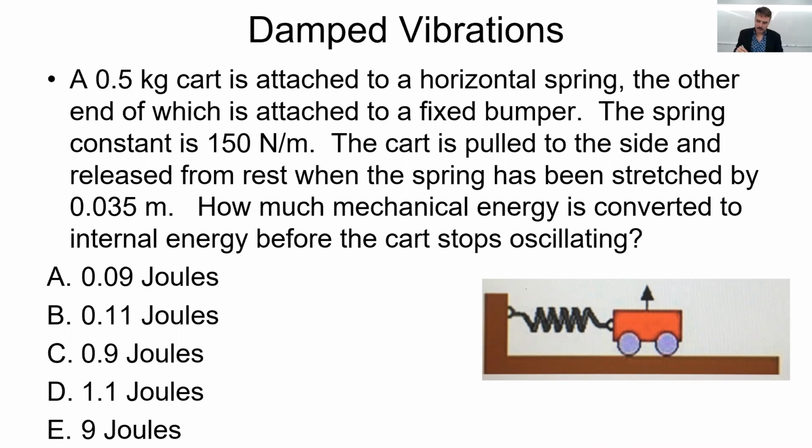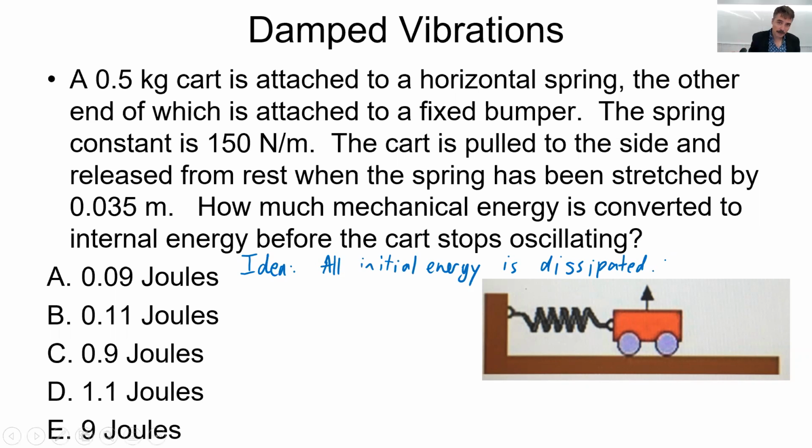Maybe we'll leave the polling open for a little bit while I start discussing this. So the idea is that all initial energy is dissipated, right? So all you have to do is find what the initial energy of simple harmonic motion would have been.